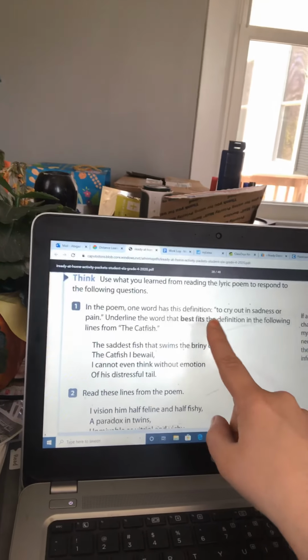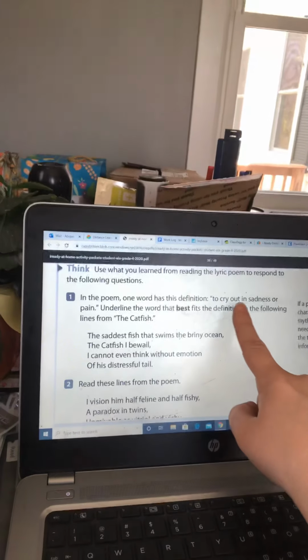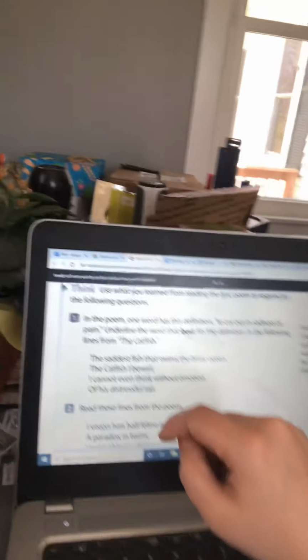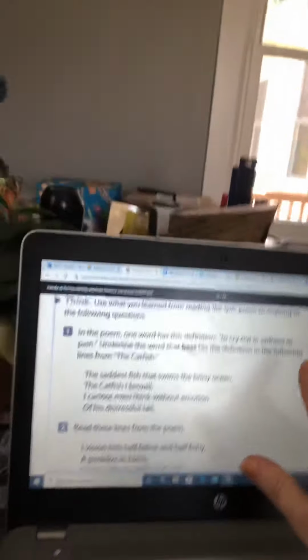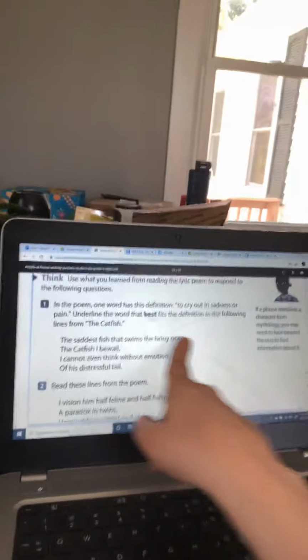One word means to cry out in sadness or pain. So it's probably going to focus on sadness because we know the catfish was sad. They already talked about that in the poem. So what word in here means to cry out in sadness?